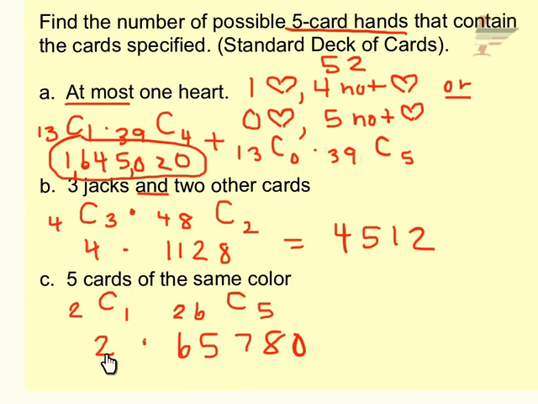If you multiply it by 2, that's going to take into account that you could also do that with the black cards. So again, you want to get your color first, and then of those 26 cards, choose 5. And when I take that times 2, I get 131,560 ways.